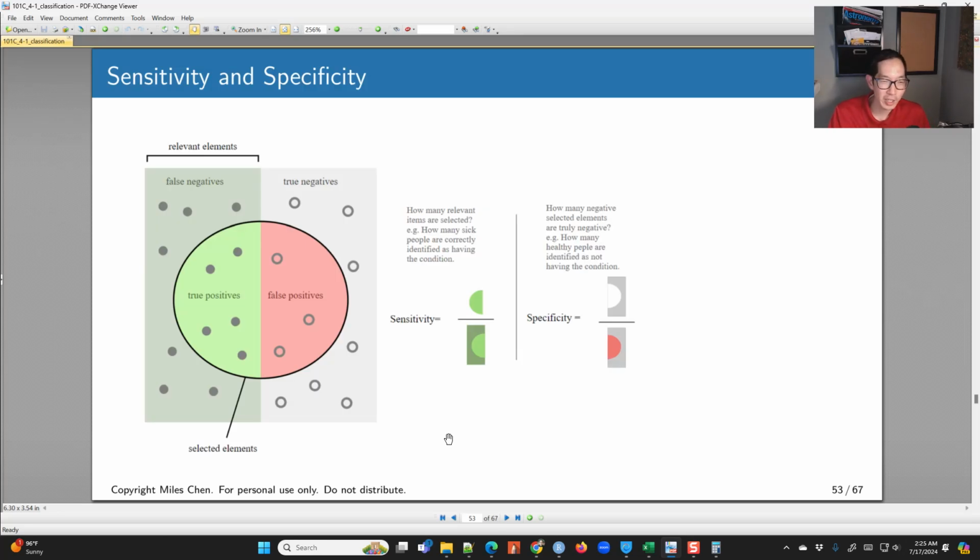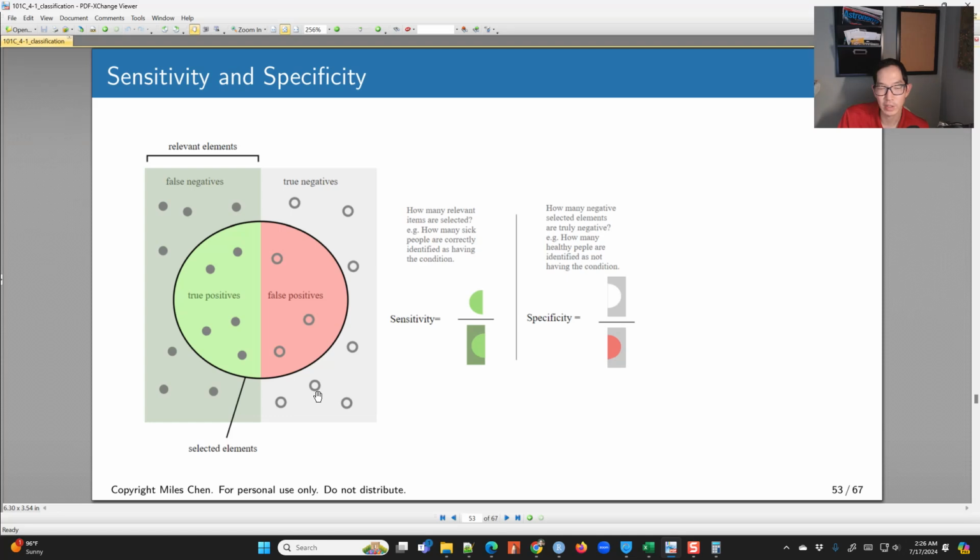Again, sensitivity and specificity. Sensitivity is how many times you correctly identified someone who was going to default, out of everybody who did default. Specificity is how many times you avoided false positives, meaning how many negative selected elements are truly negative.